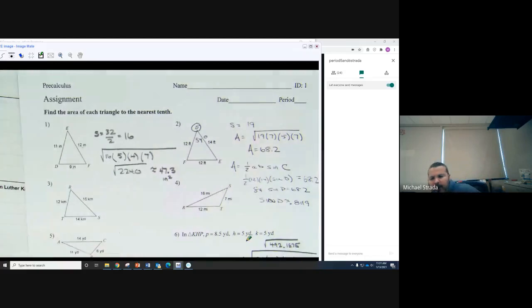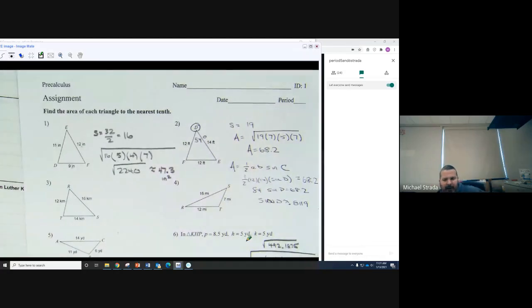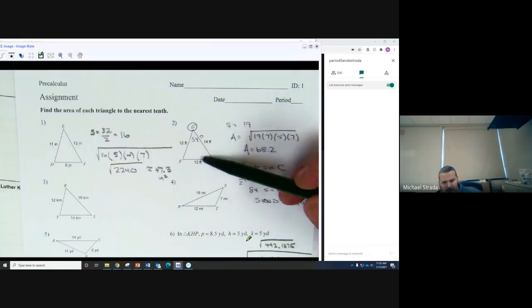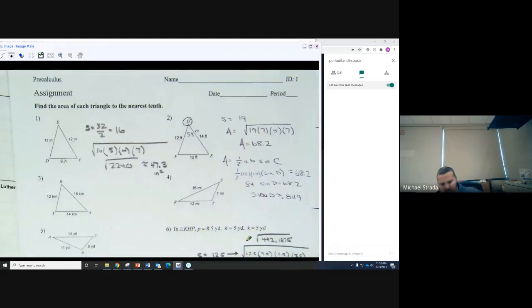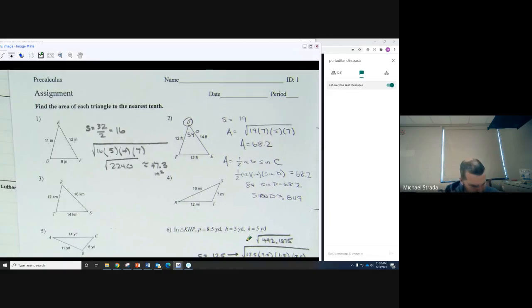So if you're stuck and you're looking for a means to find an angle, and law of cosines is messing you up or law of sines is messing you up, you can do that. Working the other way is kind of harder because you're using square root, so I wouldn't recommend it. But if they give you the 3 sides and you're trying to find the angle, you can use both area formulas, set them equal to each other to find the angle. It's an alternative way of doing it.